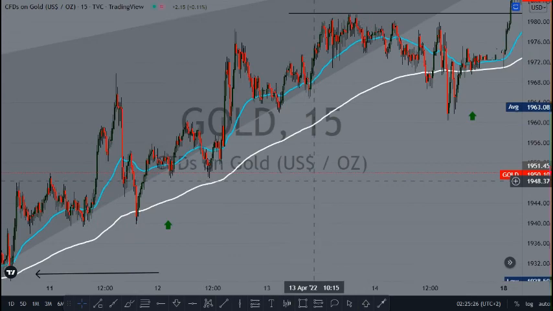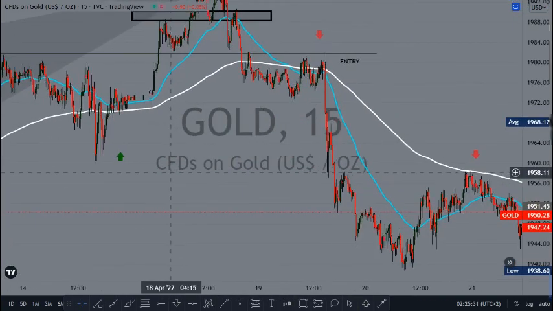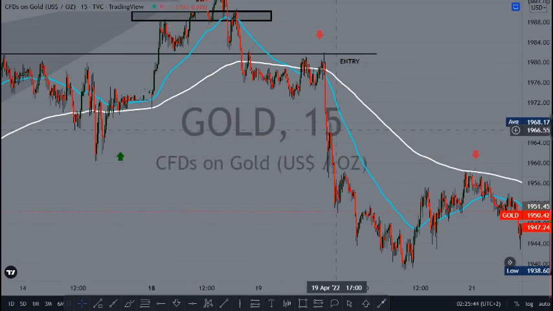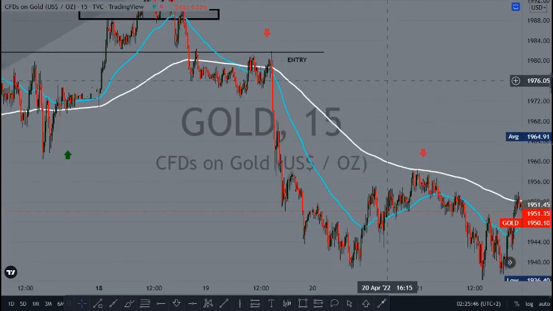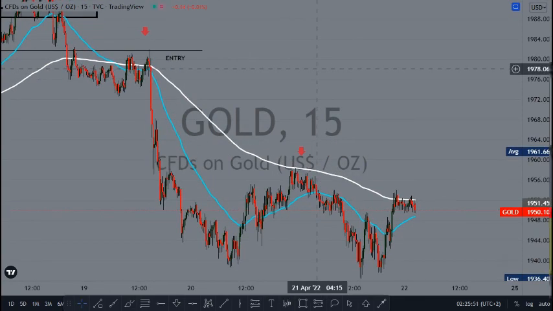So this is a very important way to identify your trend and to make sure that you trade in the right direction, in order for you to minimize your losses and maximize your profit. So let's see in the next videos if we can spot more of this kind of pattern.